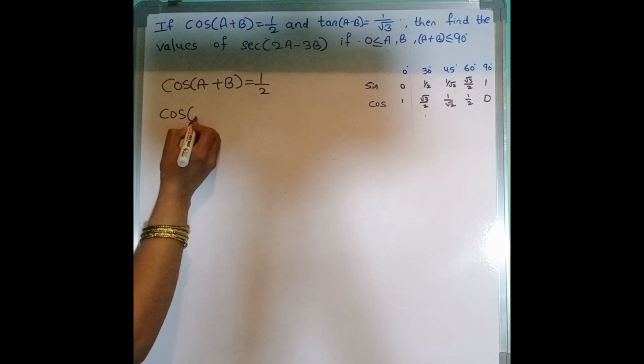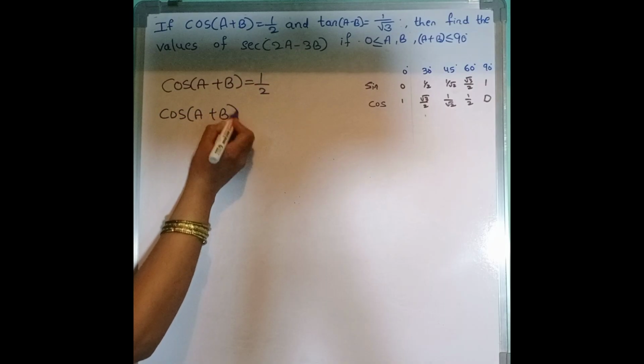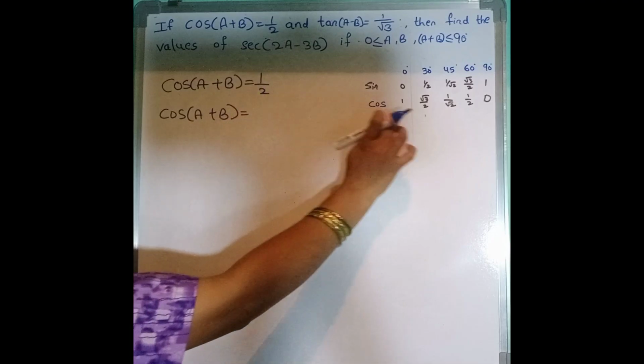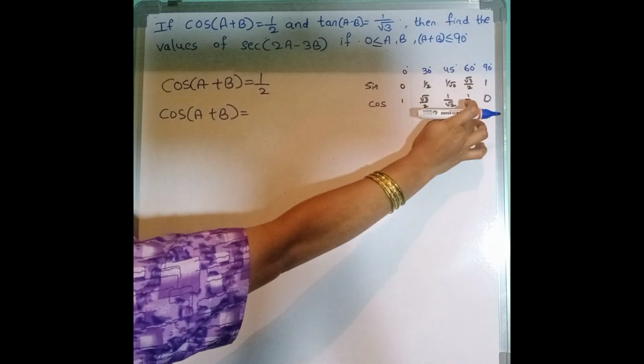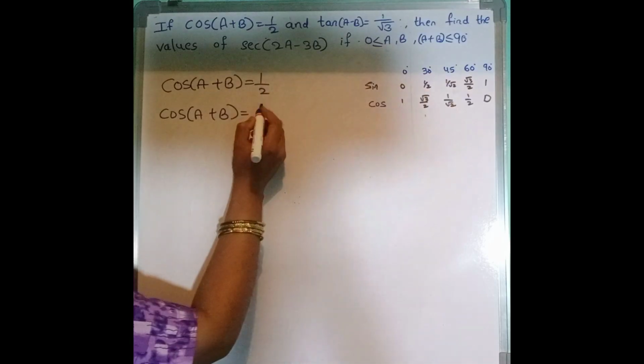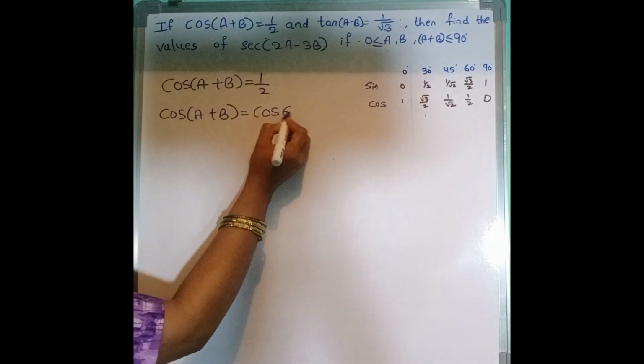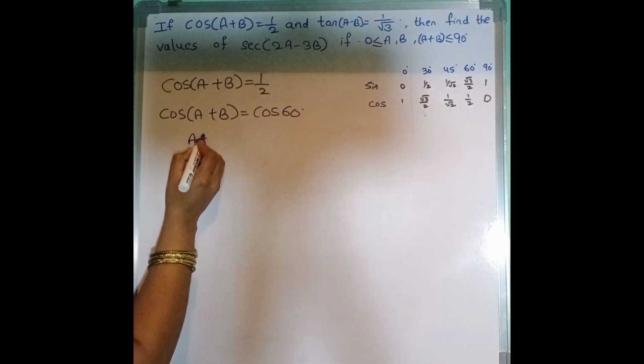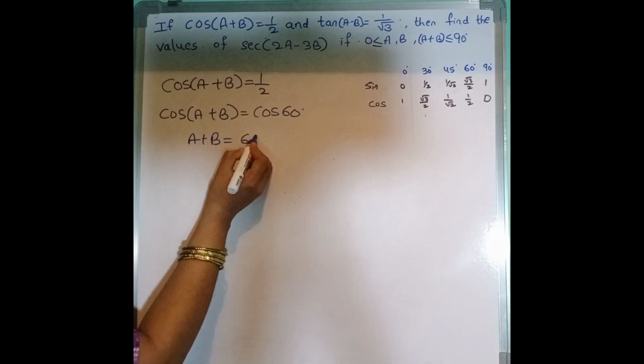Cos 60 degrees is 1 by 2. So A plus B is equal to 60 degrees.